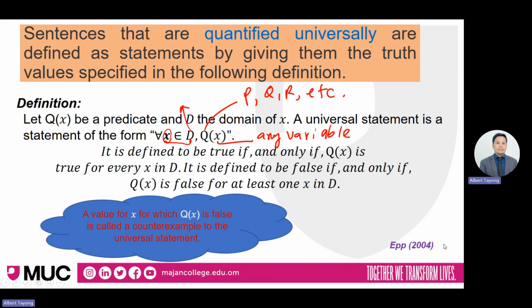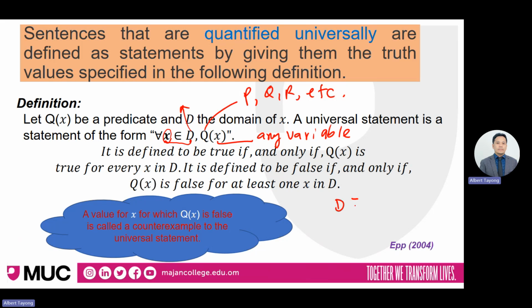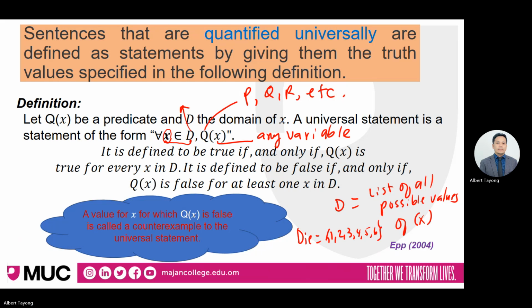So let me just specify it here. D is the list of all possible values of X here. And X is any number. For example, a die. In a die, we have 1, 2, 3, 4, 5, 6.